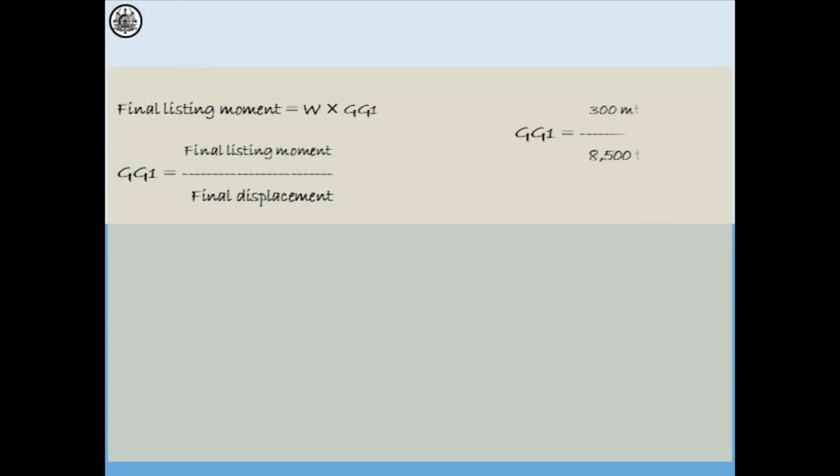Distribute the values. GG1 is equal to 300 metric tons divided by 8,500 tons. Cross out the unit tons, and the remaining unit is meter. The result, GG1, is equal to 0.035 meter.